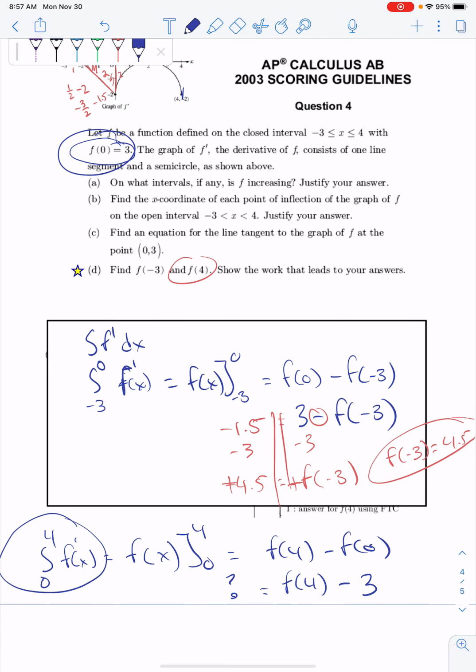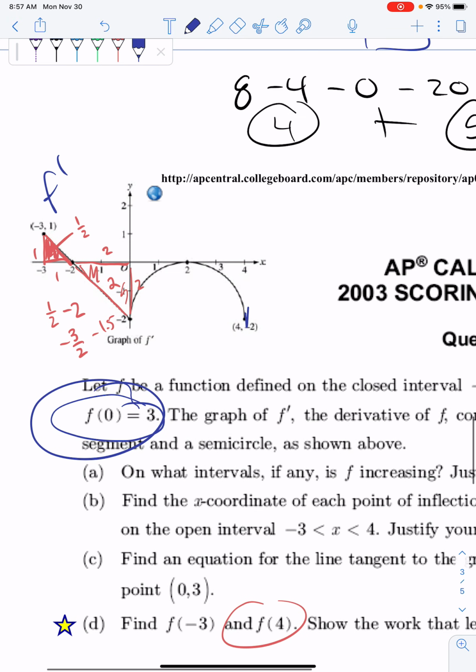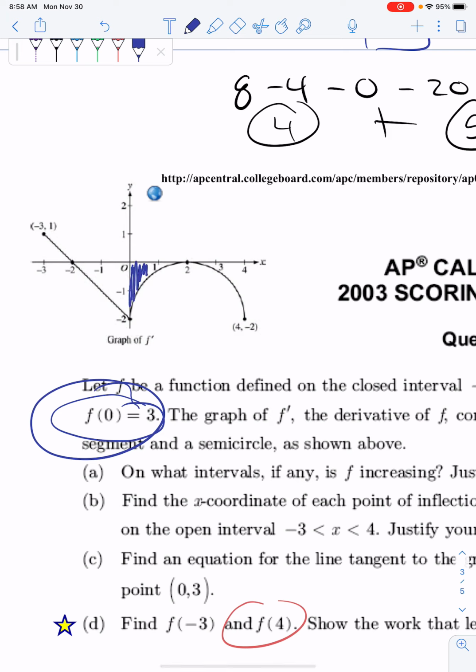I'm finding the integral, and I know that the other way I can find the integral is to find the area under the curve. Now, this one's a little bit messier because I don't have just nice triangles. I'm actually looking for this area right here and this area right here put together.